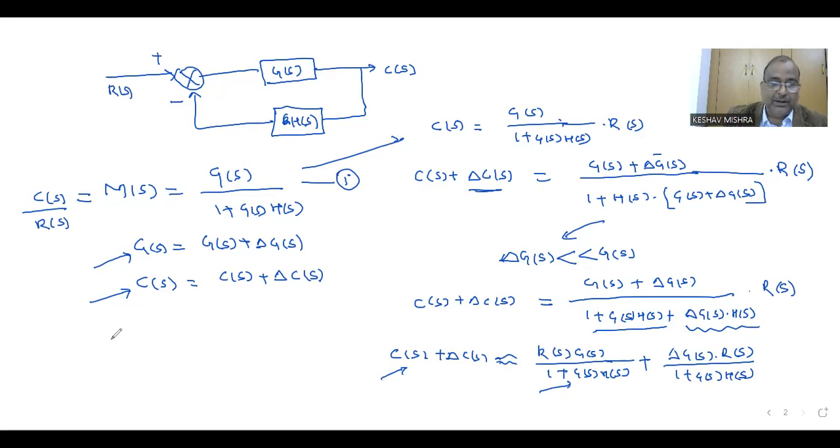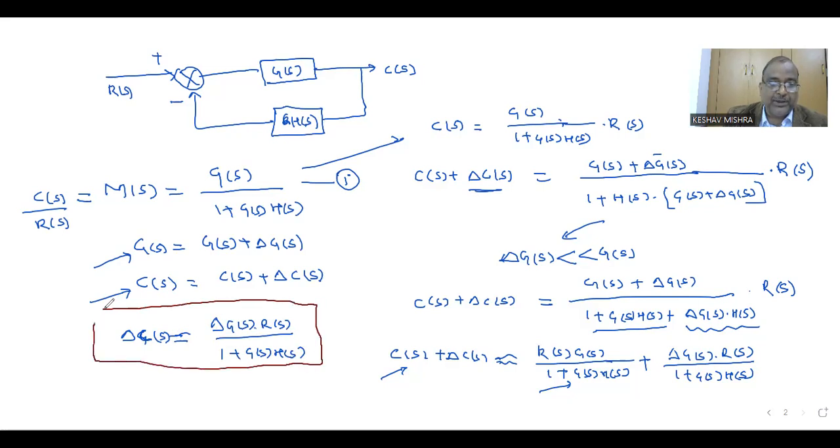So finally we have delta C(s), that is the change in output in a closed loop control system because of forward part transfer function parameter variation, equal to delta G(s) into R(s) upon 1 plus G(s)H(s). This is the corresponding change in the output if the forward part transfer function G(s) is changed by this amount. This is the relation in the case of a closed loop control system.